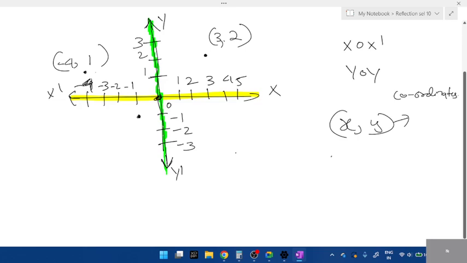What about this? How come 3? Third quadrant. Look at the third quadrant. Minus 1. Minus. Give me the fourth one. Fourth quadrant. No, not minus.